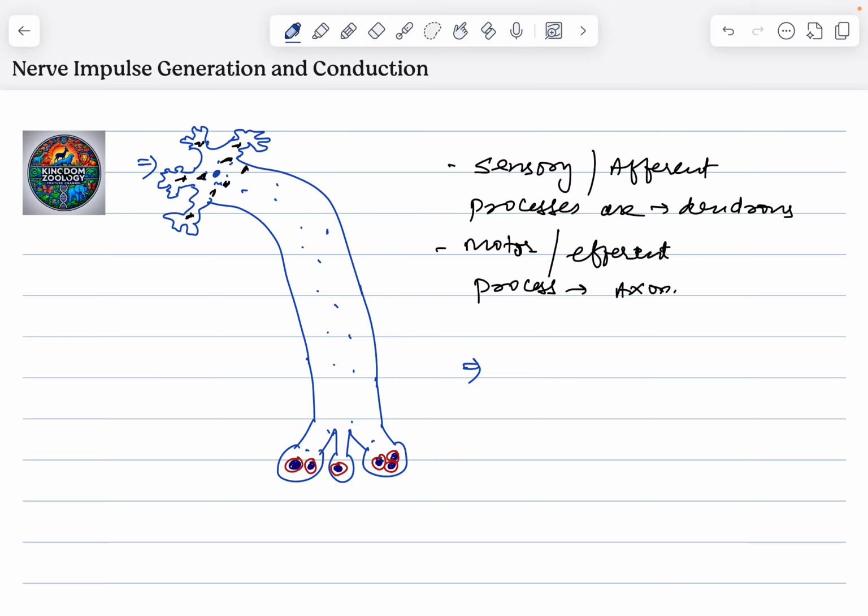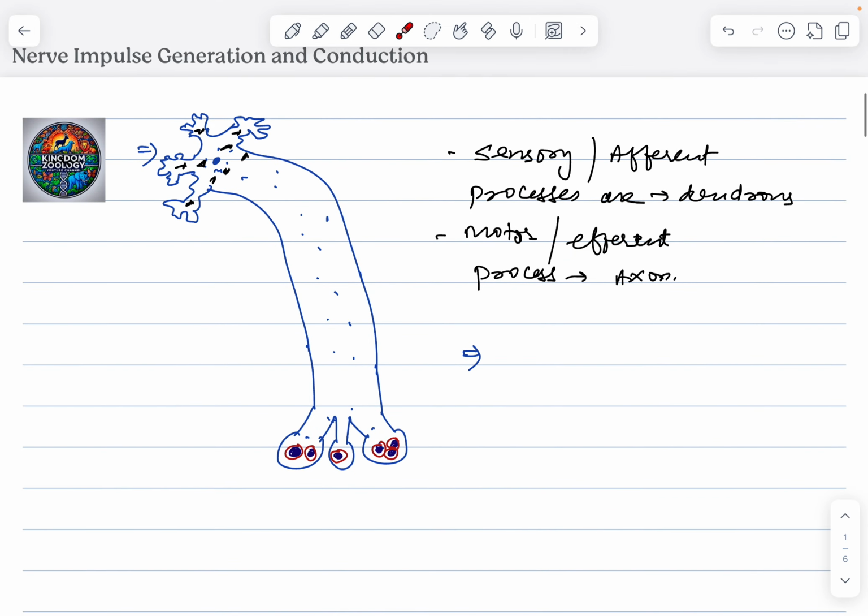Okay, so now what exactly is a nerve impulse, how is it generated, and how is it conducted? To understand that, first of all we need to understand what exactly is the nature of a neuron when it is not performing any activity, when it is at rest. The cell membrane of a resting axon. Resting basically means an axon, a neuron, that is not doing anything right now, non-functional for now.